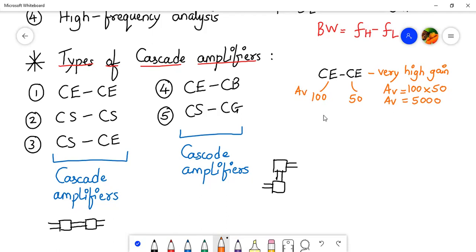Now let's see the advantage of the common source. The advantage of the common source MOSFET amplifier, we can say, is that it will have very high input resistance.